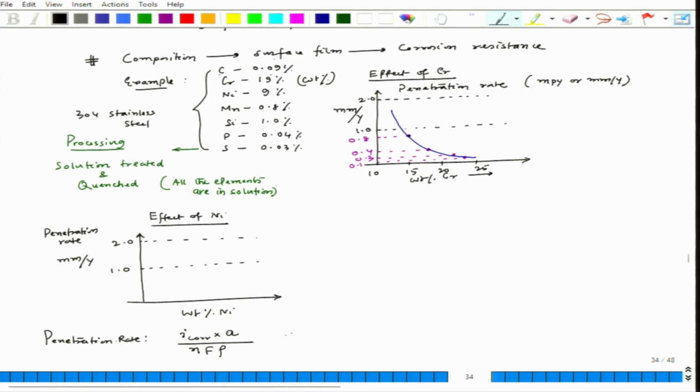So, I corr coming from polarization study.